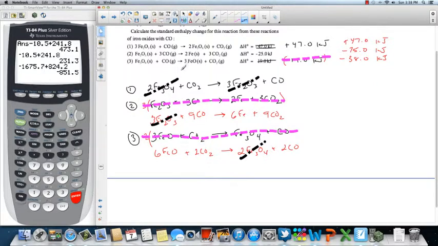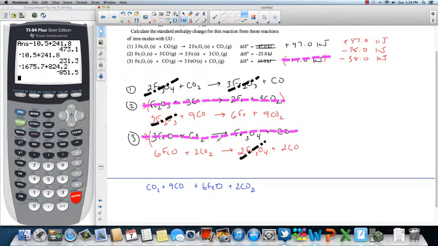All right, now probably the easiest thing to do would be to add up everything that you've got left and see what we've got. So if we add it all up, I'll put it in blue this time so we can see what kind of new stuff is going on here. What we're left with is CO2 plus 9CO plus 6FeO plus 2CO2.